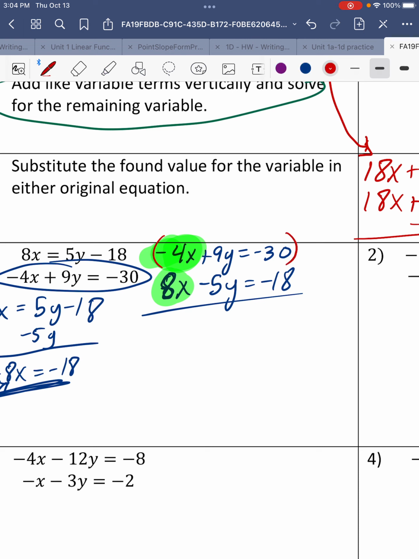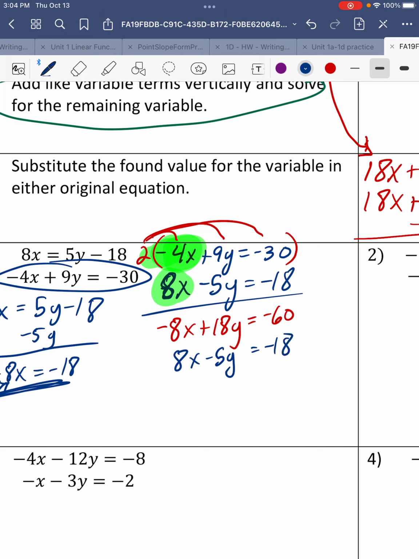I'm going to multiply the top equation by 2. Multiplying that in, I'm going to get negative 8x and 18y equals negative 60. Take the other equation, 8x minus 5y, write it down. That's the equation here.